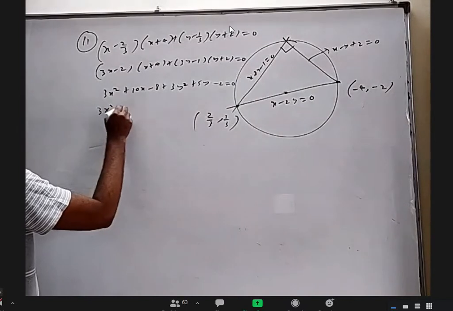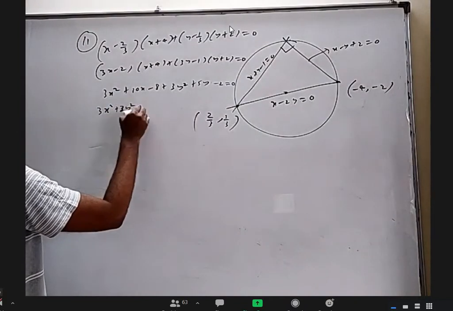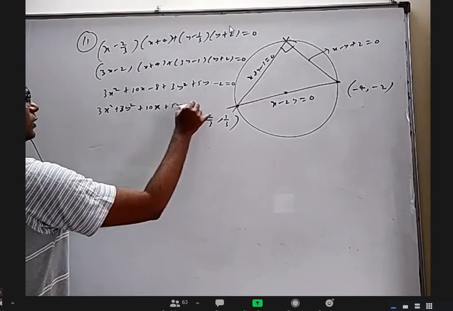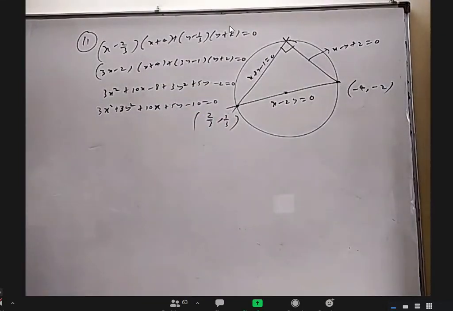So 3x square plus 3y square plus 10x plus 5y minus 10 equal to 0.